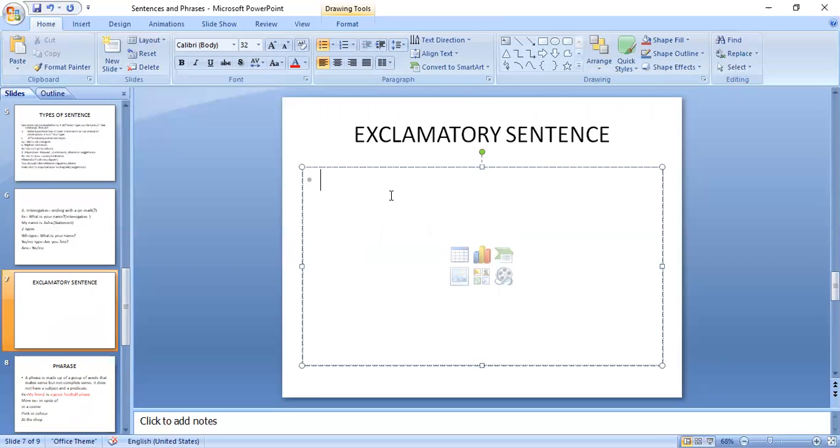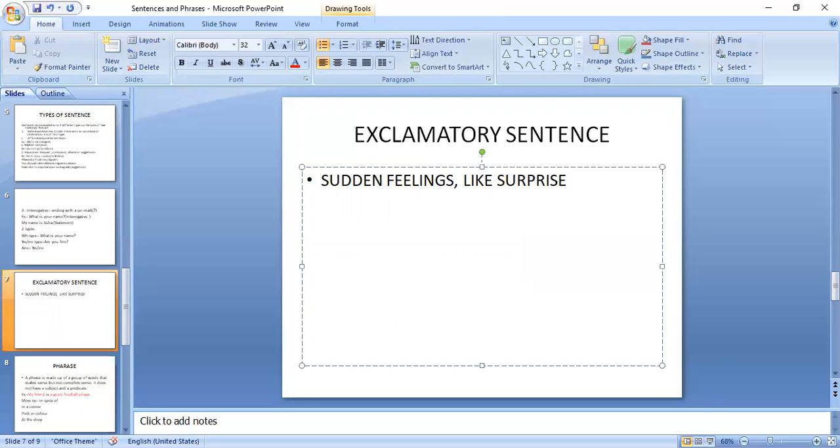Exclamatory sentences express sudden feelings like surprise, delight, disgust, and grief.